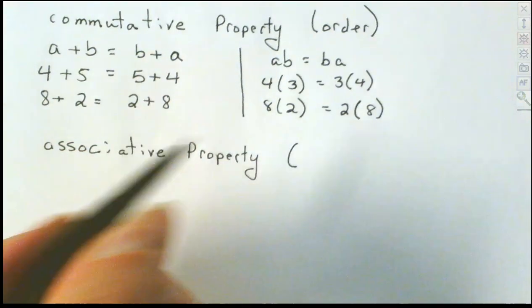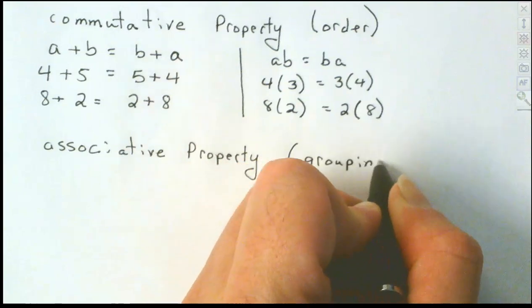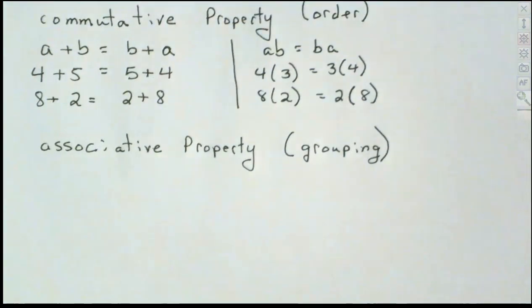And that's going to work with the groupings. We're not going to change the order. We only change how they're grouped together. So think about associate: you associate with someone, you go into groups, okay? They're your associates, they're people you're close to, so you group together. So we change the groupings, not the order, just the parentheses.